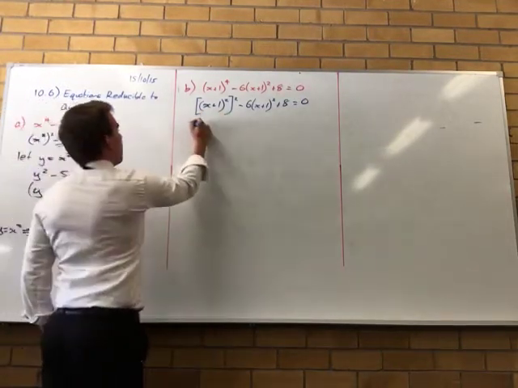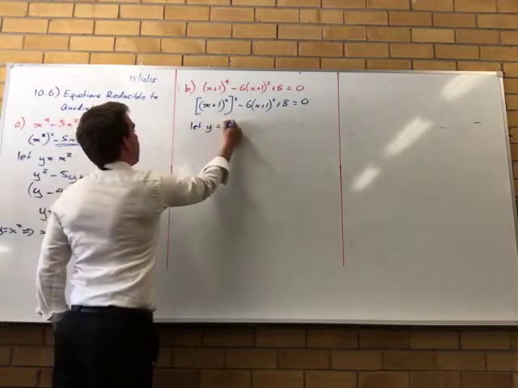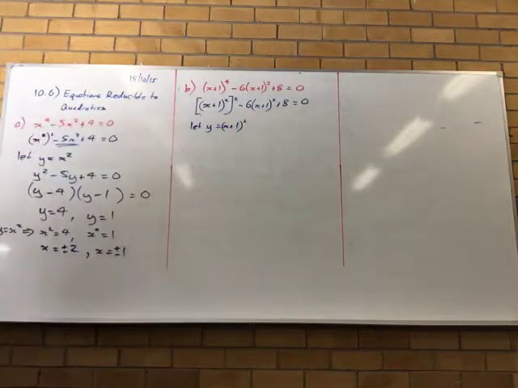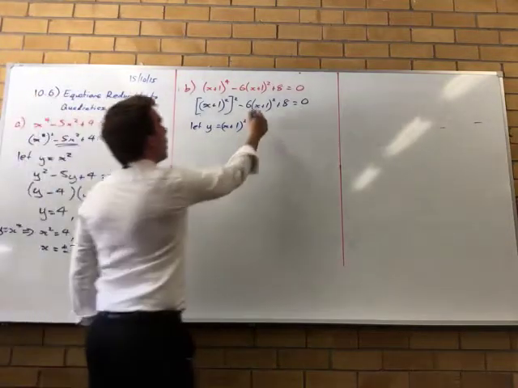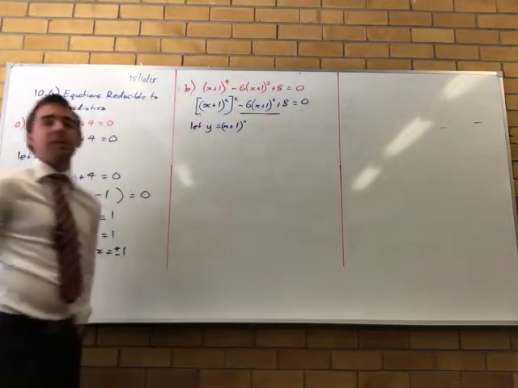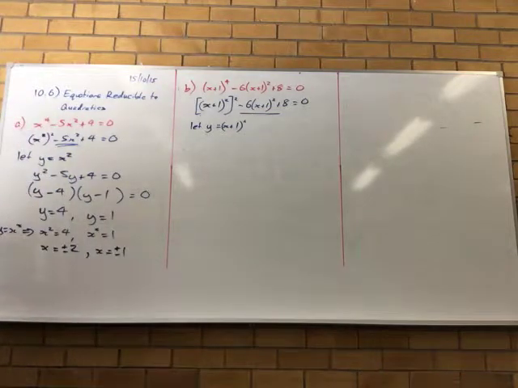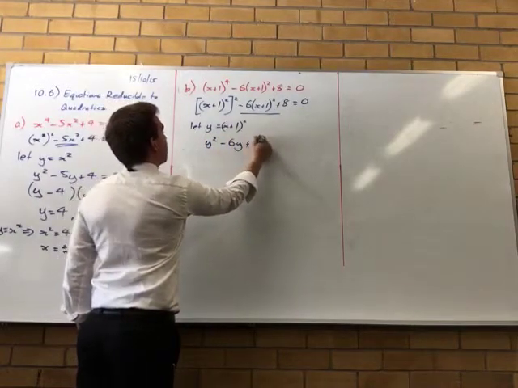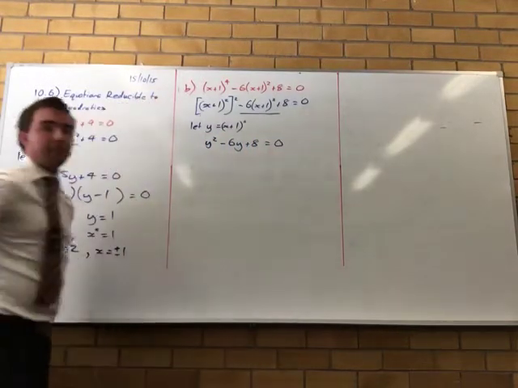So let y equal (x plus 1) squared. Whatever the middle term is without the coefficient will be the substitution in the vast majority of cases. So this becomes y squared, take away 6y plus 8 is 0.